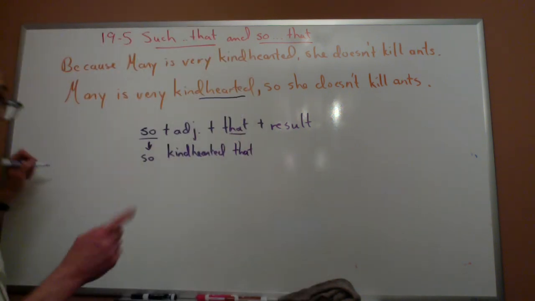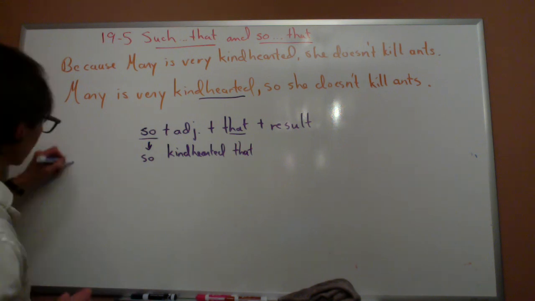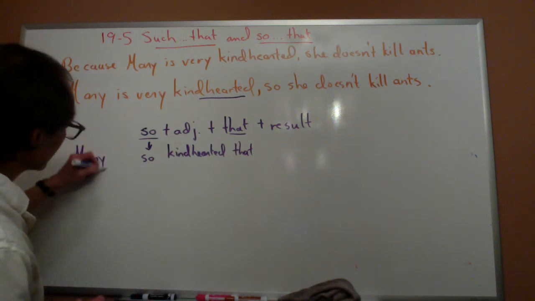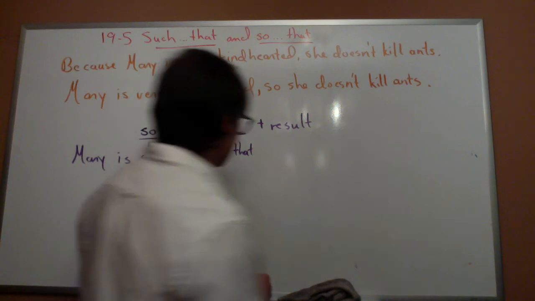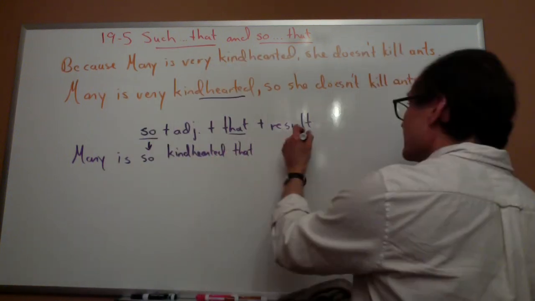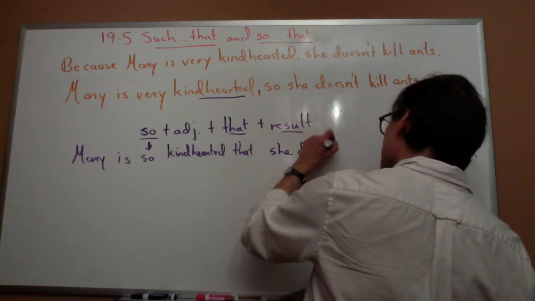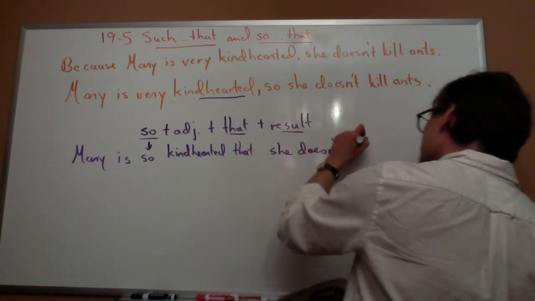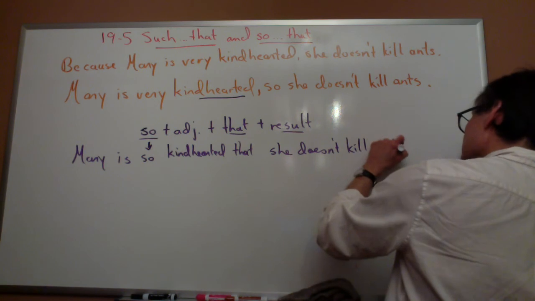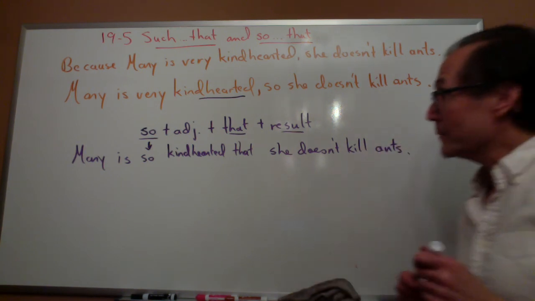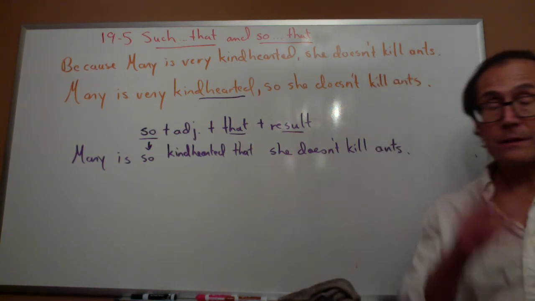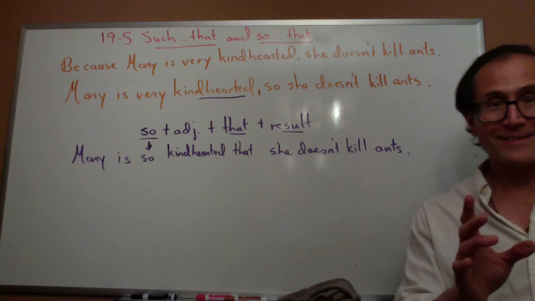So the sentence that I would get from this is, Mary is so kind-hearted that, and then the result is, she doesn't kill ants. Mary is so kind-hearted that she doesn't kill ants.